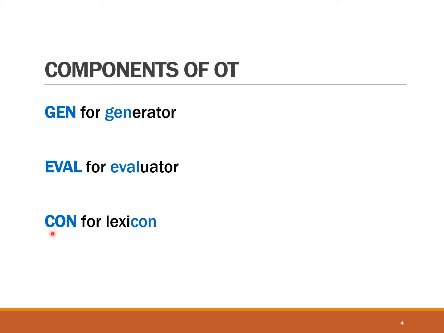Con is a short form of lexicon, but within the lexicon itself, the constraints are present. So the speakers actually have the knowledge of what the constraint is for a particular linguistic form. So this particular component is interesting.